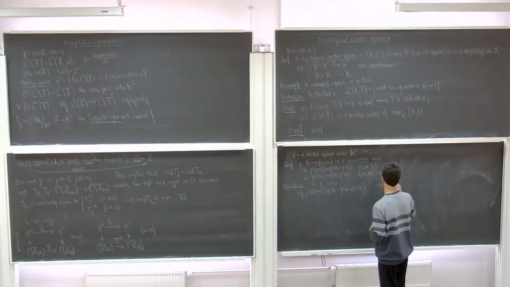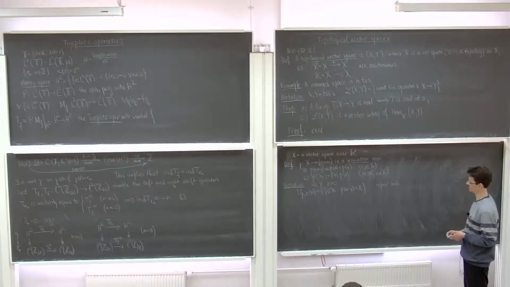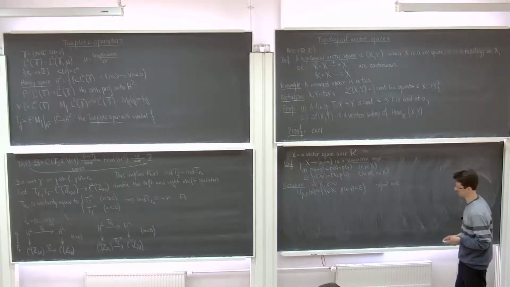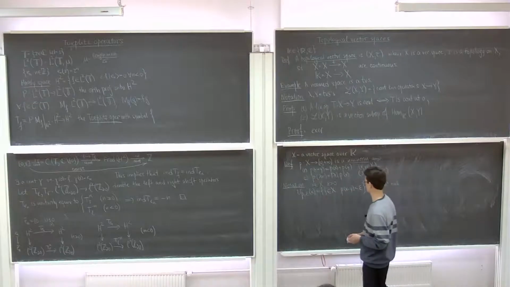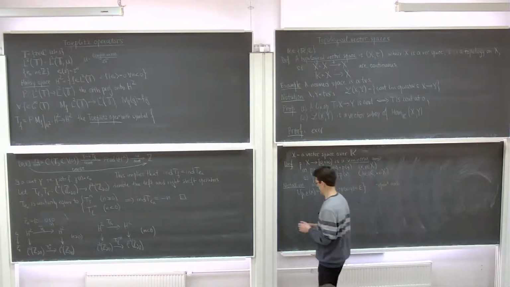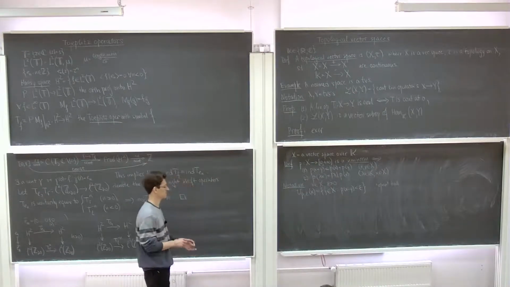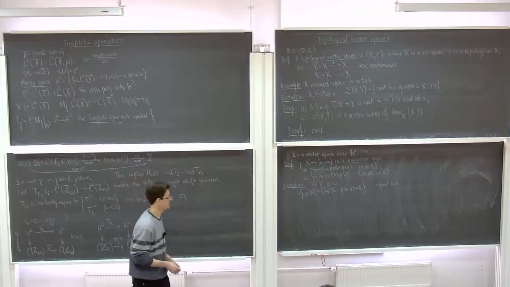I put the quotation marks here because our space X is not equipped with any topology at this point. But we will see soon that after we equip X with a certain topology, it will be open in the usual sense.